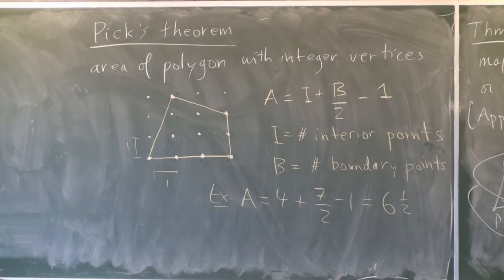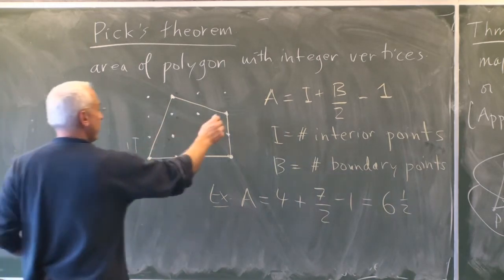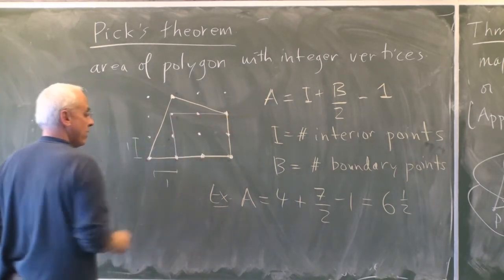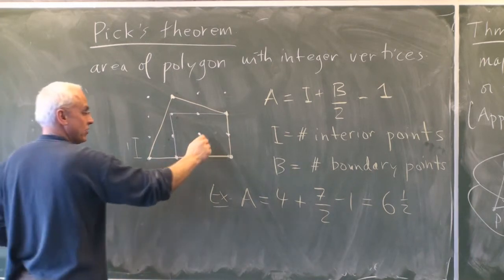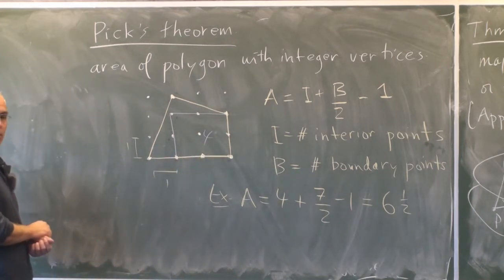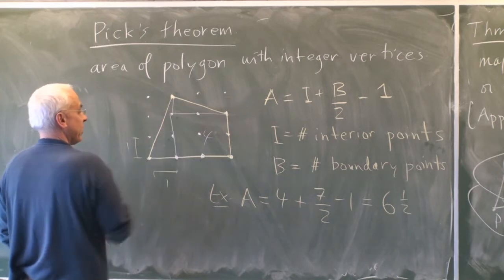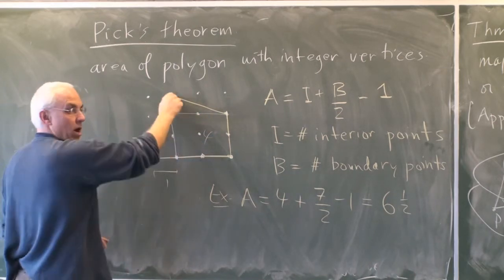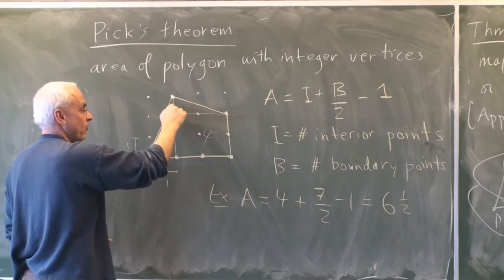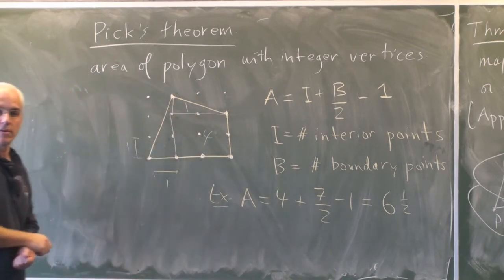Let me just check that that's correct by doing a little bit of calculation here. So in this case, it's not too hard. This area here is 2 by 2, so that's area 4. I suppose if I make a little thing like this, that's 2 by 1, so that's going to have area 2 times 1 over 2. That's area 1.